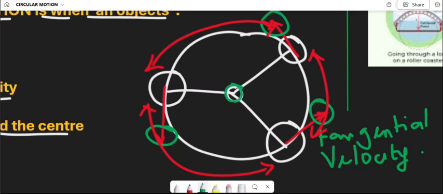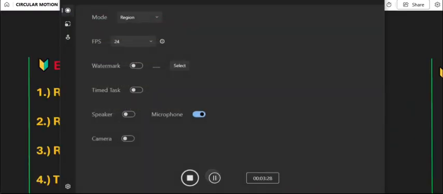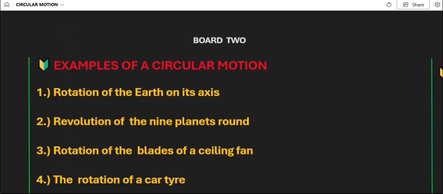So these are the three things that make sure an object is moving in a circular pattern. One more time, what is circular motion? Circular motion is when an object moves at a constant speed alongside a tangential velocity from a fixed point called the center.